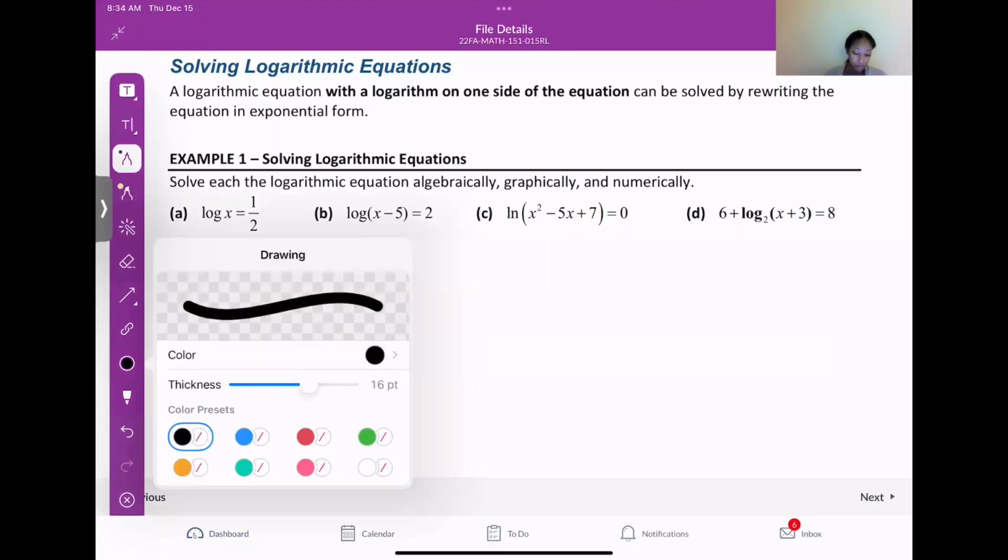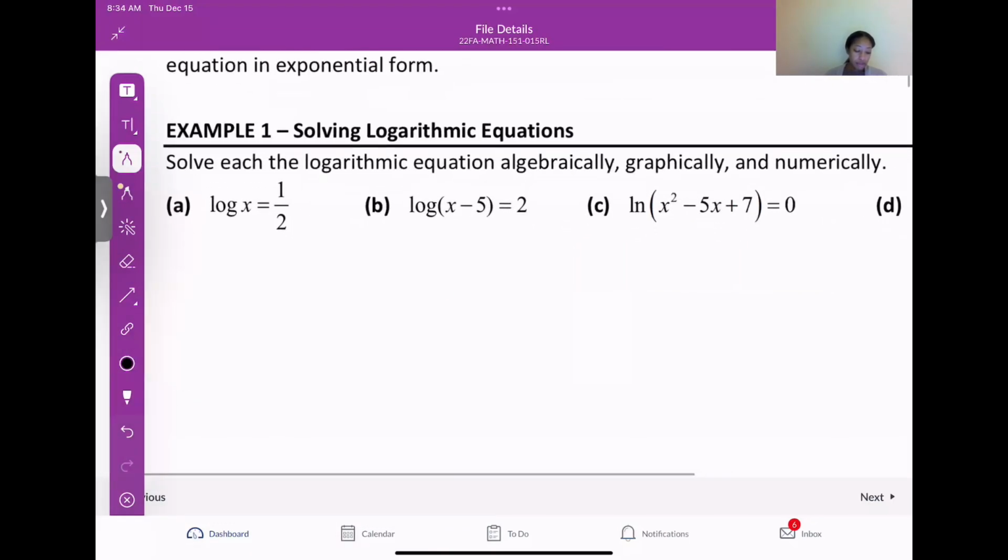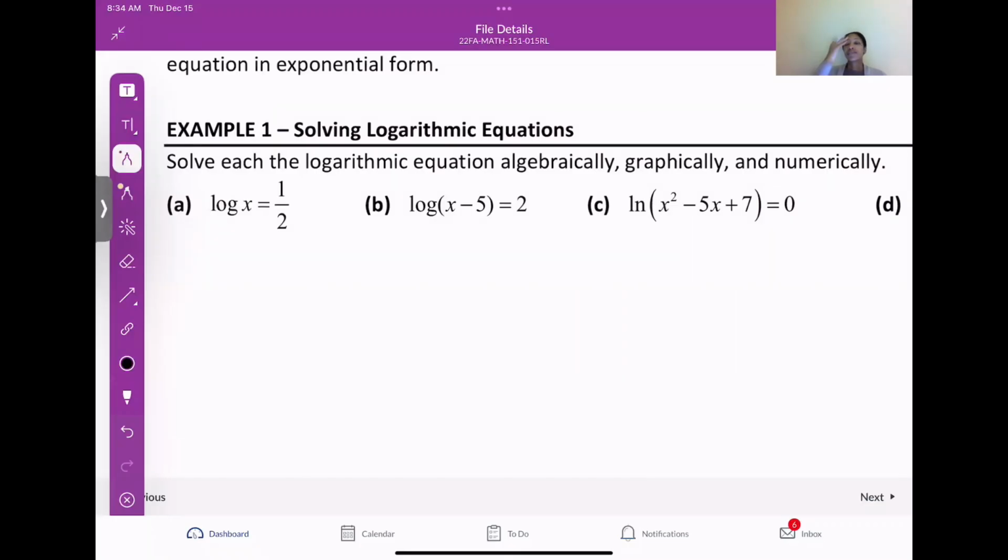So for example, in problem A here, we have log of x is equal to 1/2. That's the common log, so our base is 10. We have to practice rewriting a logarithmic expression in exponential form. So we'll take our base, 10, whatever the log equals, that's our exponent, and then this would be equal to x. So 10 to the 1/2 power is equal to x.